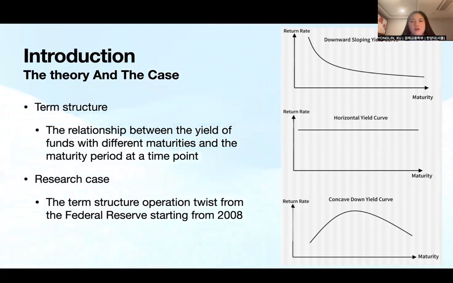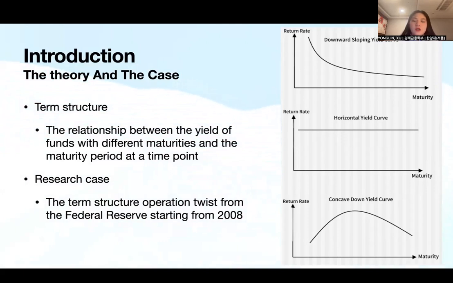This graph is made by myself, so it's not that accurate, I think. For a more complex yield curve, it is also possible that a combination of those three kinds of yield curves exists, or even all of them are shown in one graph.